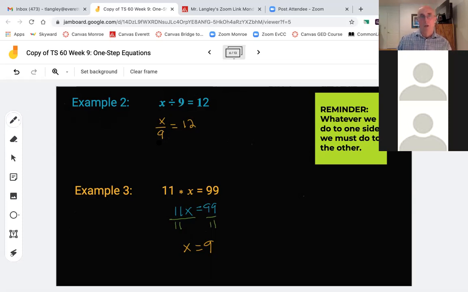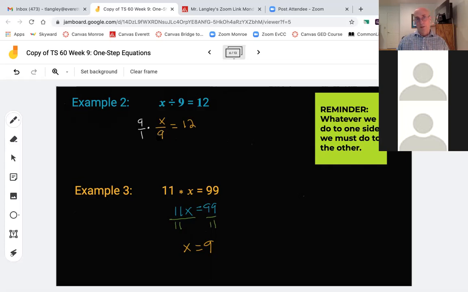Now, we have division going on. What is the opposite of division? It's to multiply. Can you guess what I'm going to multiply this side by to get rid of the x? Hopefully you're thinking, oh, if I multiply by 9 over 1 times this side, see what would happen?